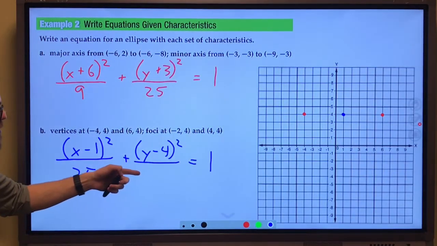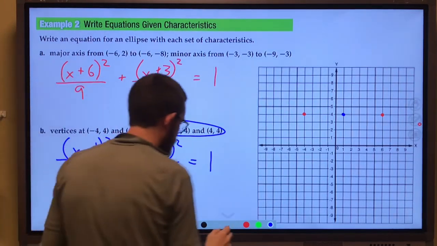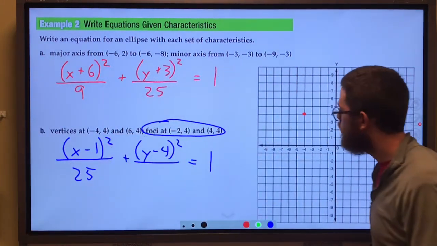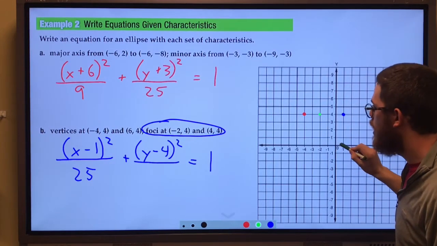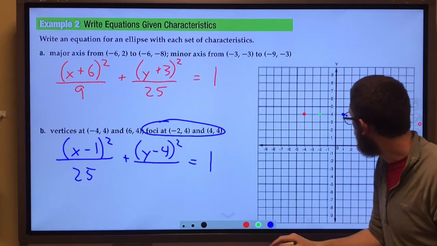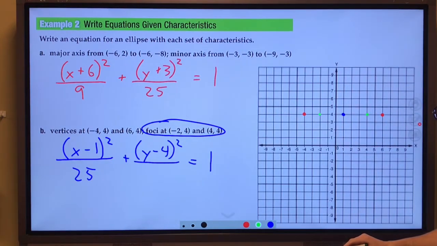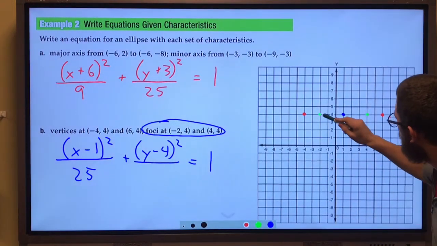So how do we get the b value? And that comes from knowing our foci are at these points. Those little foci at -2, 4, and at 4, 4. Well, our foci tell us our c value.